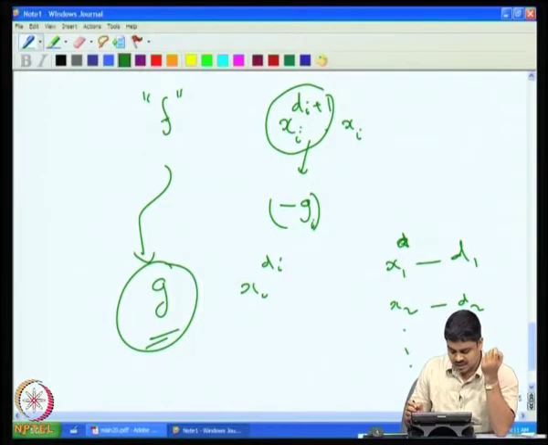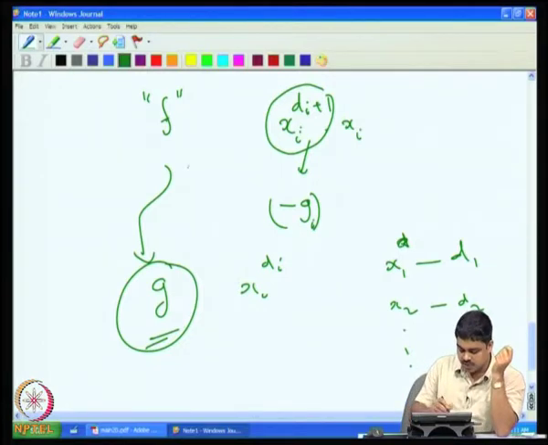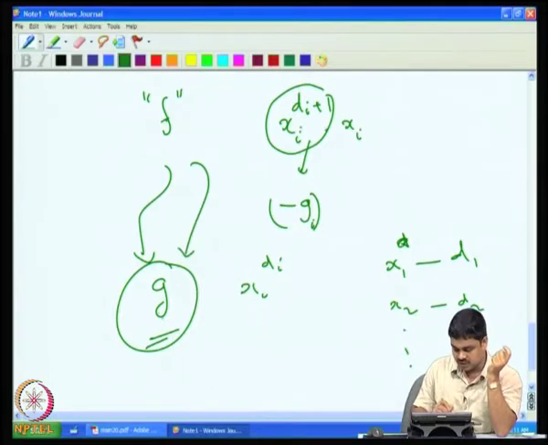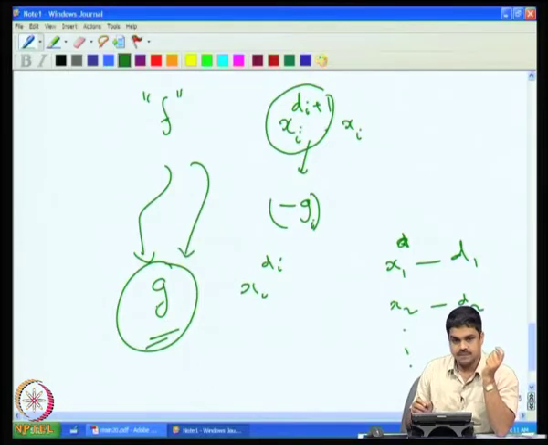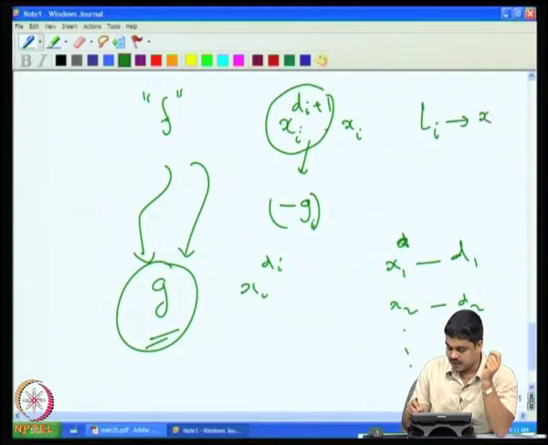Now, the final polynomial will have degree only this much. And the second point is, we only need to worry about this new polynomial g as far as substituting values from Li for xi is concerned, because we are always substituting xi to the power di plus 1 with minus gi.